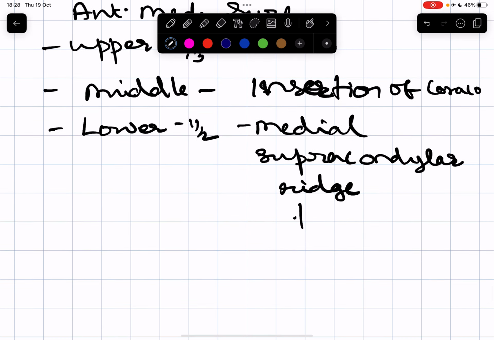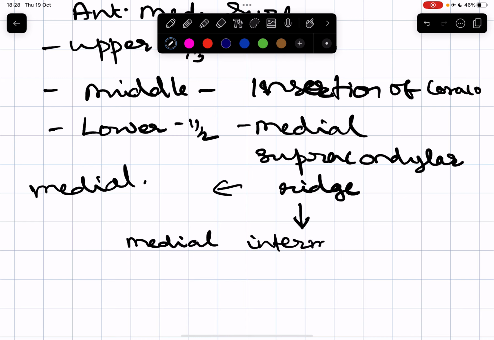This is actually a thickening of the medial border, and because it is thick, part of it is seen with the anteromedial surface also. So this ridge provides attachment to the medial intermuscular septum.